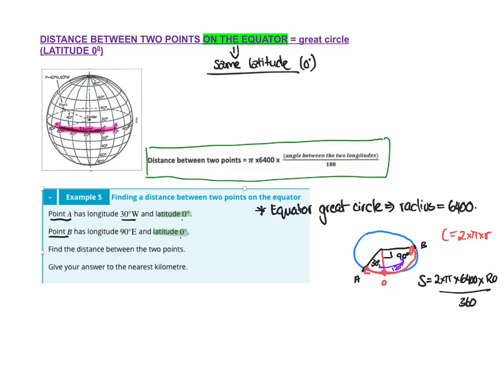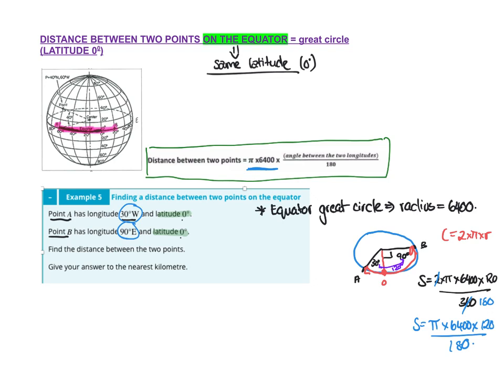You'll see that it simplifies down to being over 180, so they cross that 2 out and get 180. So I end up with pi times the radius, which is 6,400, times the angle, which was 120 between the two longitudes. So we found the distance between those two longitudes, and we divide by 180.